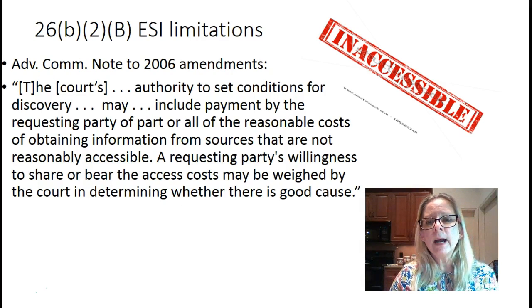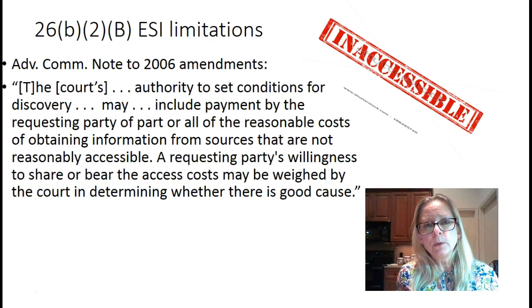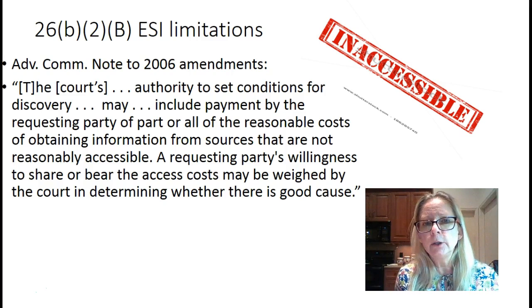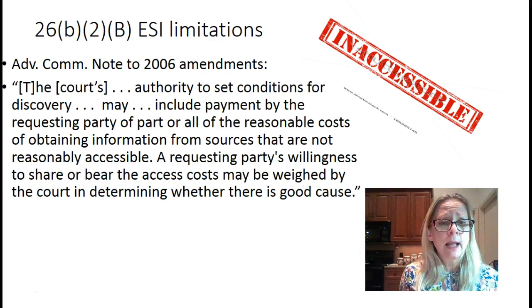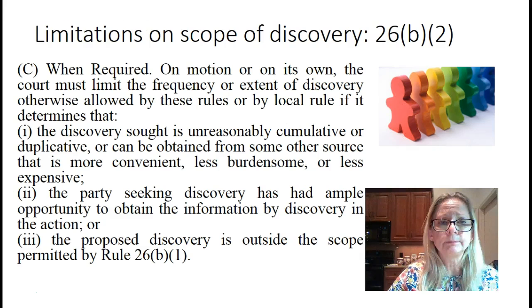And so what the advisory committee said about this was when the rule says the court may set conditions for discovery, that might include payment by the requesting party of part or all of the reasonable costs of obtaining information from sources that are not reasonably accessible. And a requesting party's willingness to share or bear the access costs may be weighed by the court in determining whether there is good cause for the production.